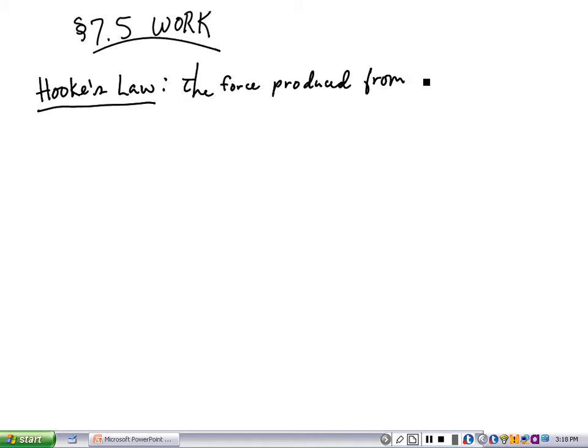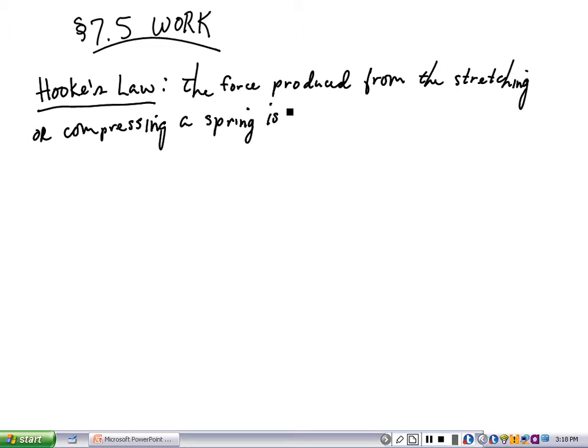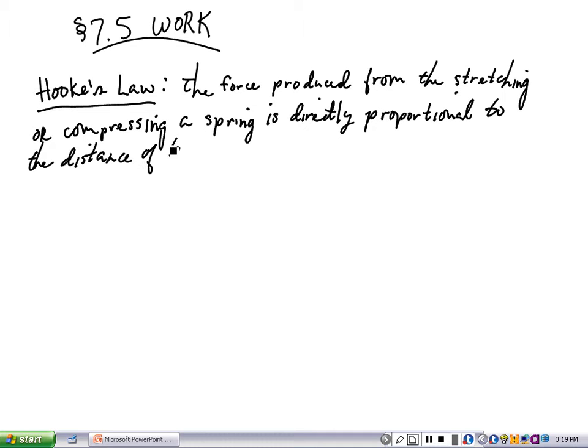So the force produced from stretching or compressing a spring is directly proportional to the distance of the stretch.